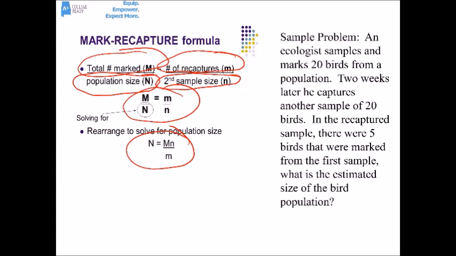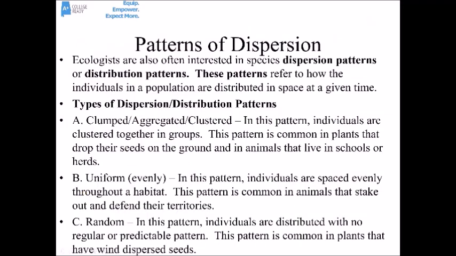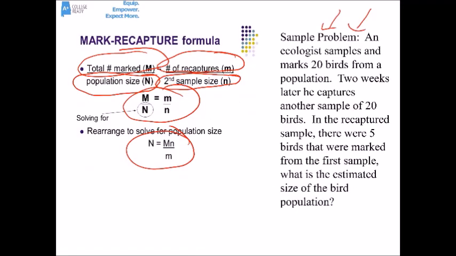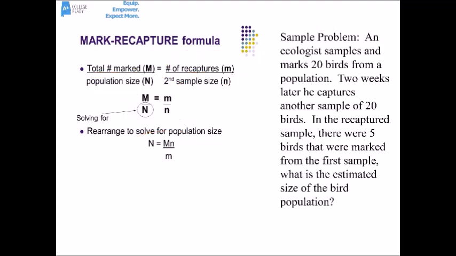So let's use this in a sample problem. So here's our sample problem. An ecologist samples and marks 20 birds from a population. So we're going to be looking for N. So again, we're looking for N. So what we just found out is that we're taking a sample of 20 birds.